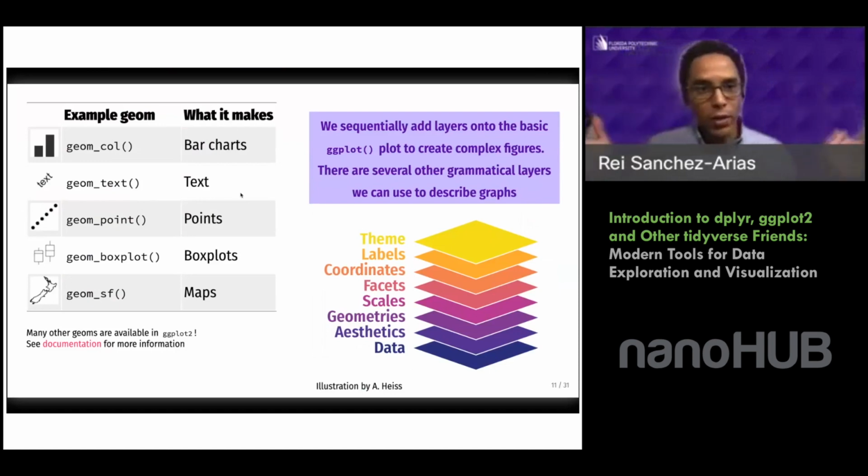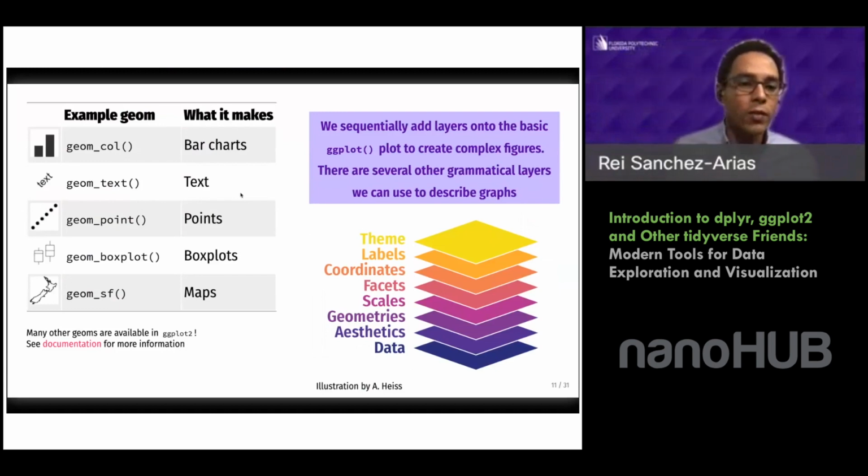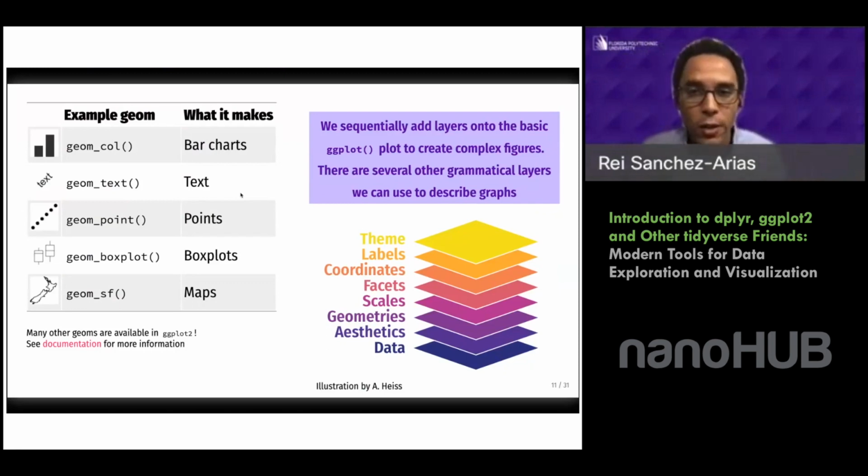There are many other plots that we can create, of course. We can have geoms such as geom_col for bar charts. We can have geom_boxplot for box plots and see the variations. And even maps, we can take a look at geom_sf and deal with spatial data nowadays.